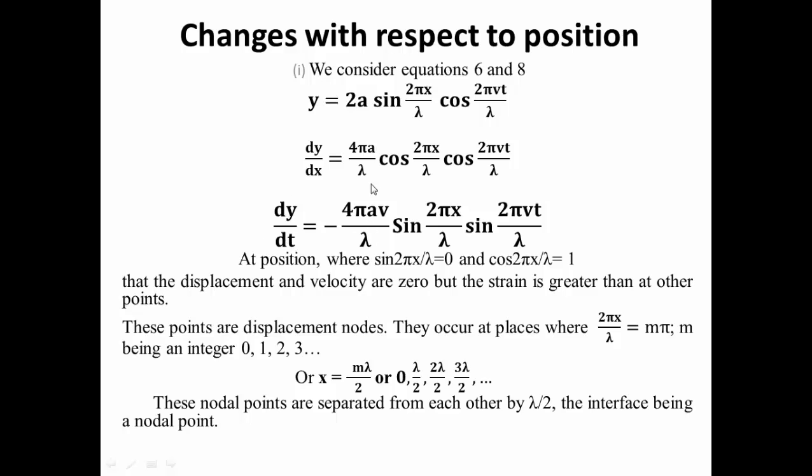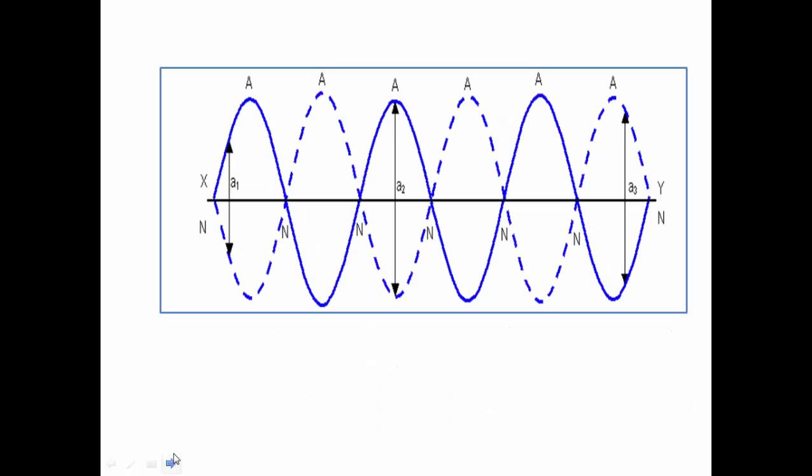So velocity and displacement are maximum and strain is 0 at these points.